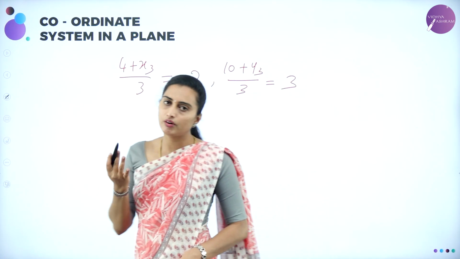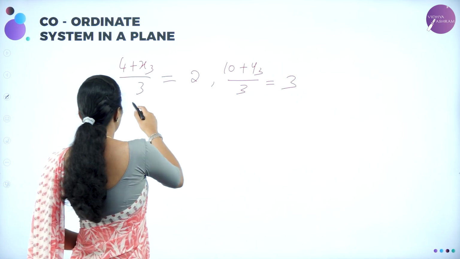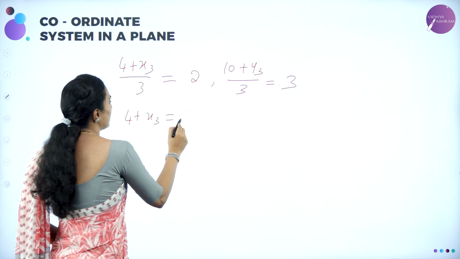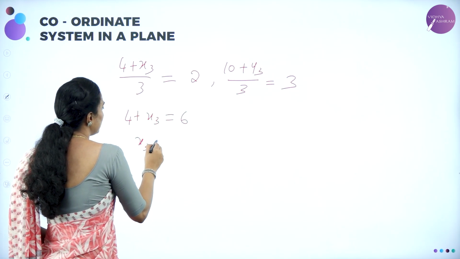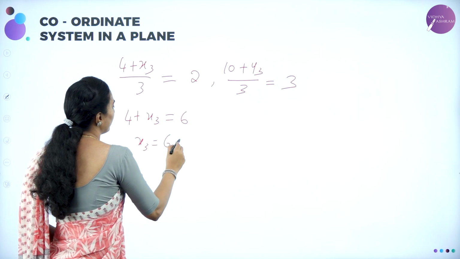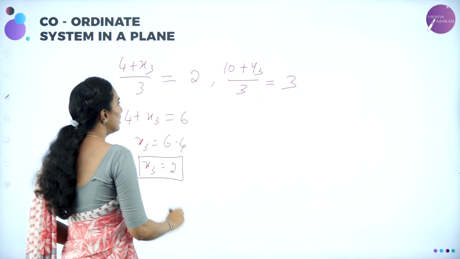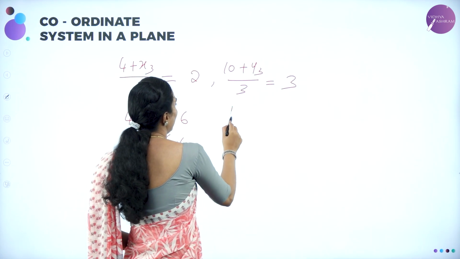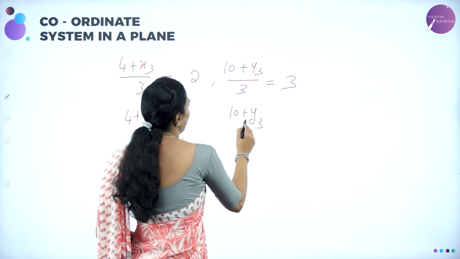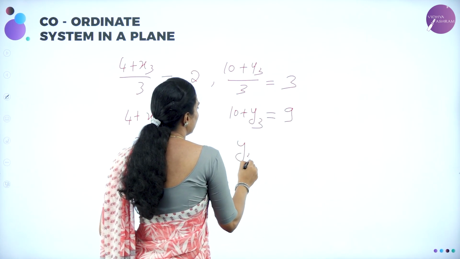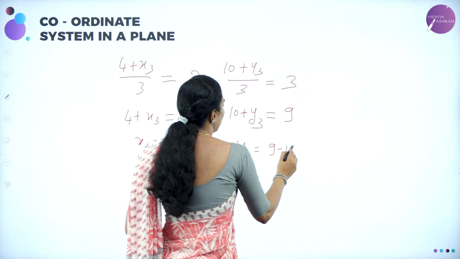Cross multiply, you are going to get x3, y3. Therefore, 4 plus x3 is equal to 2 3s are 6. So x3 will be equal to 6 minus 4. So x3 is equal to 2. Next, you are going to have 10 plus y3 is equal to 3 3s are 9. y3 is equal to 9 minus 10.